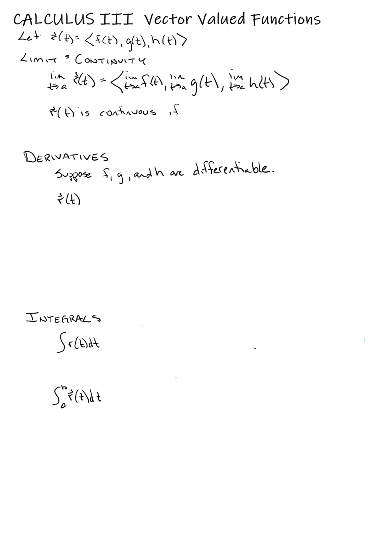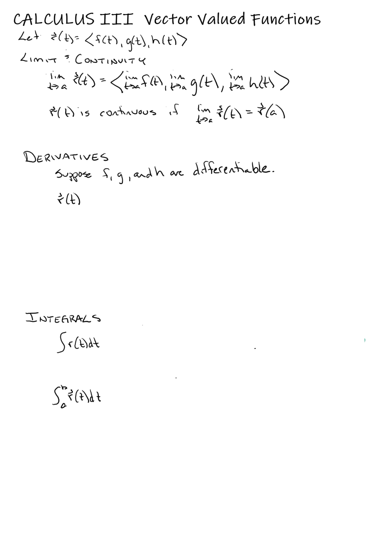Now what about continuity? How do we determine if a vector-valued function is continuous? Well, just like continuity for regular functions, it is continuous if the limit as t approaches a of our vector-valued function is equal to that vector-valued function evaluated at a.